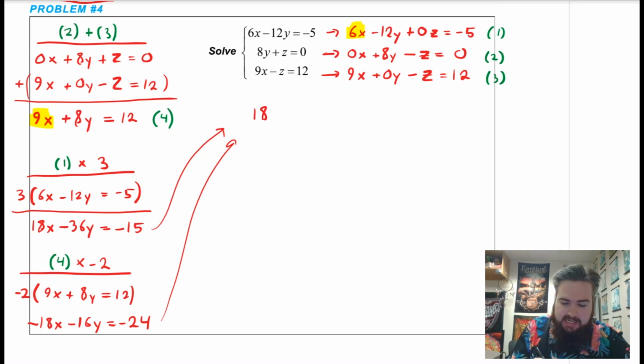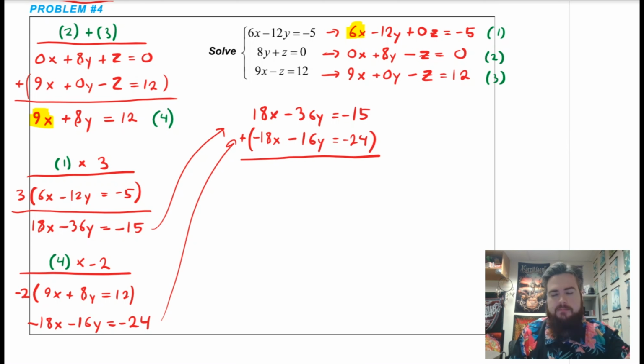So I'll take 18x minus 36y equals negative 15, and I'll add that with negative 18x minus 16y equals negative 24. 18x minus 18x will eliminate and just cancel. Negative 36y minus 16y overall would be negative 52y. And then negative 15 plus a negative 24, or minus 24, would be negative 39.